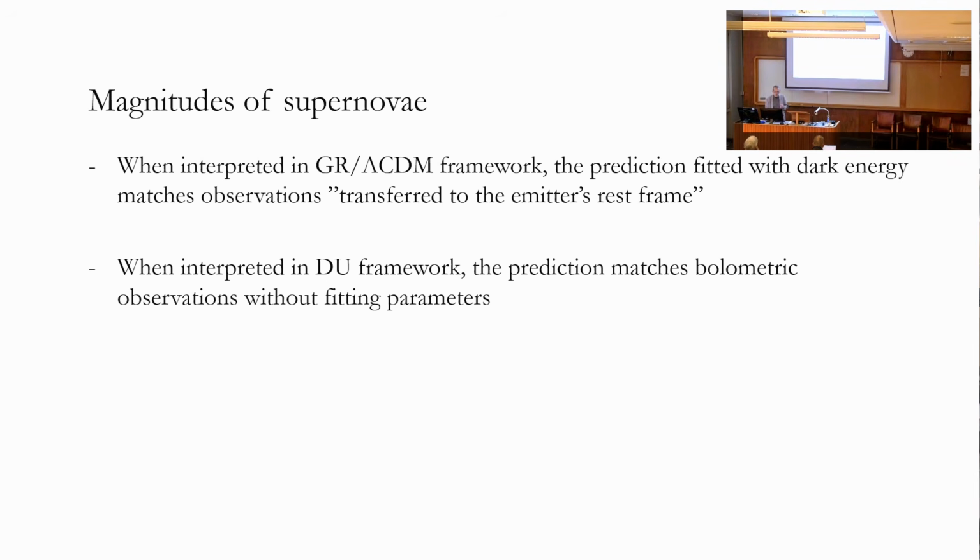Magnitudes of supernovas were interpreted in the present framework. The prediction fitted with dark energy matches observations, which are transferred to the emitter's rest frame. And here we are again, we get a very important effect of the handling of the data in the framework we are working in. When interpreted in the DU framework, the prediction matches bolometric observations without fitting parameters.